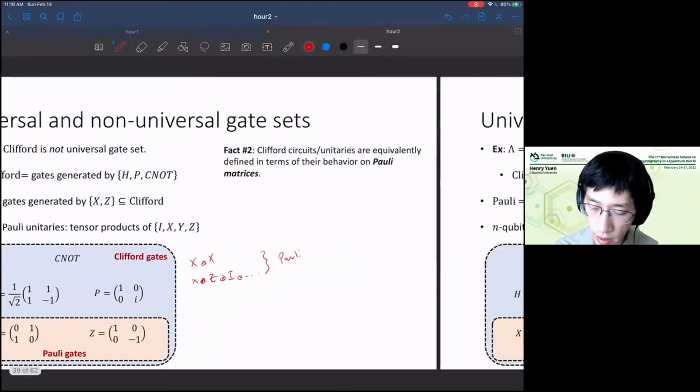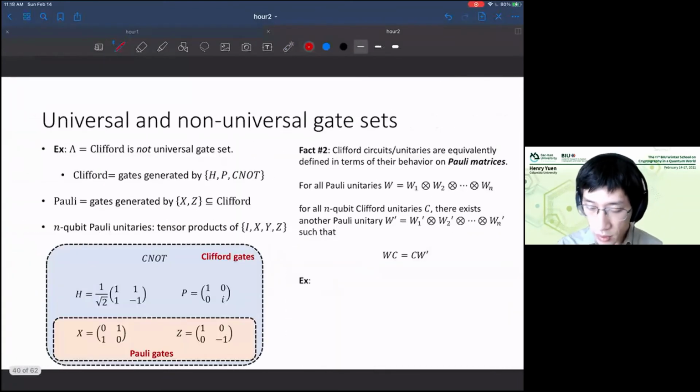So what is the relationship? Let's say that you have an n-qubit Pauli matrix that's a tensor product of individual Pauli matrices. So these W's will be identity, X, Z, or X times Z. Those are all Pauli matrices.